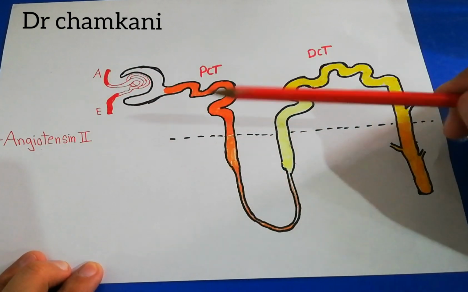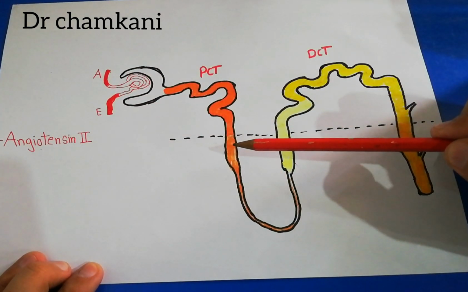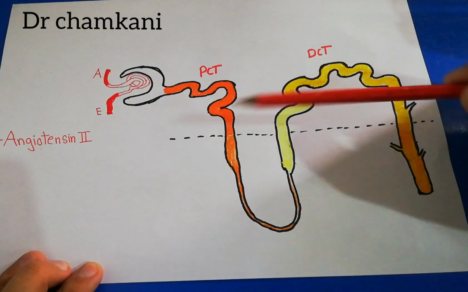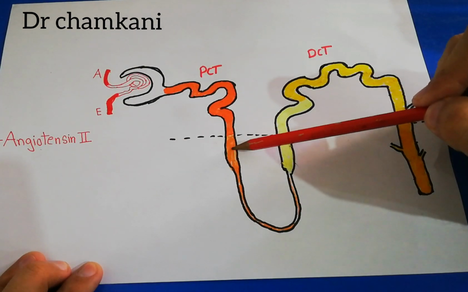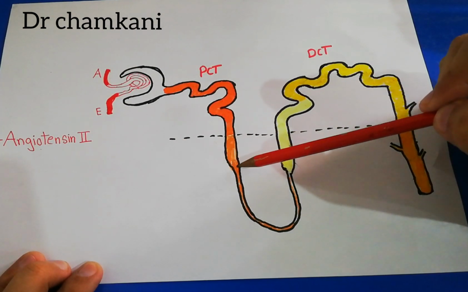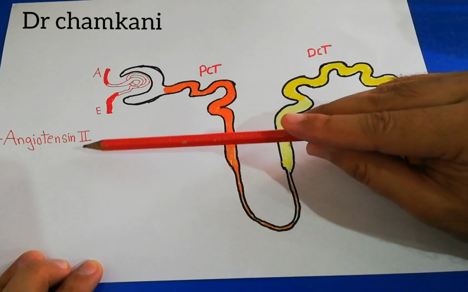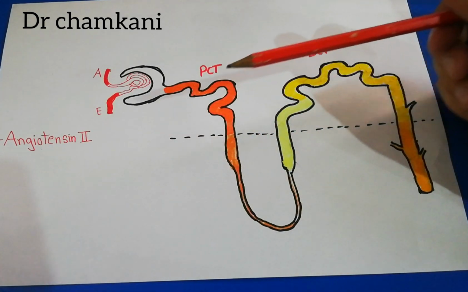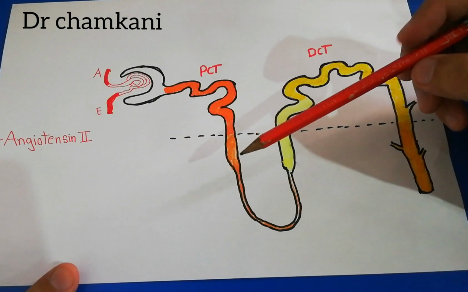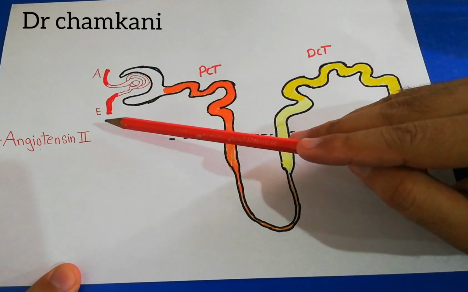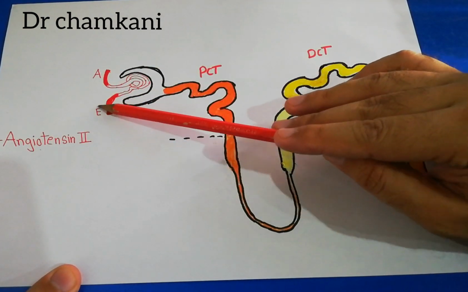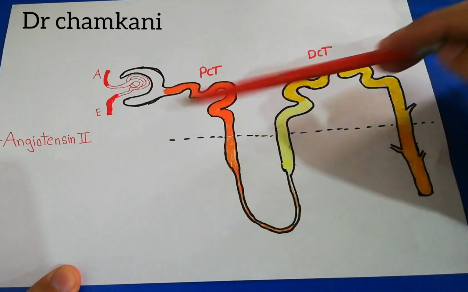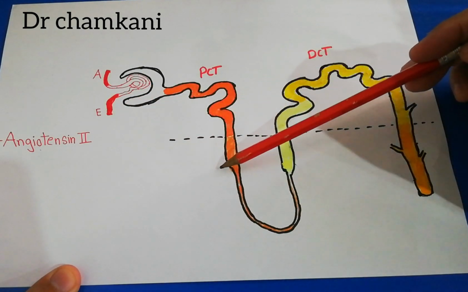Due to the decrease in hydrostatic pressure of the peritubular capillaries, sodium starts moving from the tubules into the capillaries. So this is another way through which angiotensin 2 helps in the reabsorption of sodium and tubular reabsorption, and ultimately formation of urine.